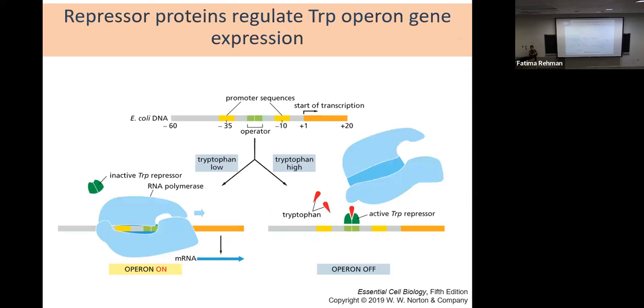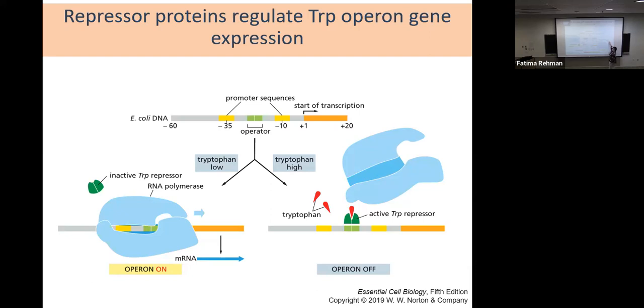Now, here is the cool part about that. Again, like I said, you have the -10 sequence where you have your TATA box, you have the -35 promoter sequence, and in between you have what we call an operator sequence. The operator sequence is where a trp repressor binds. So this is the tryptophan repressor.